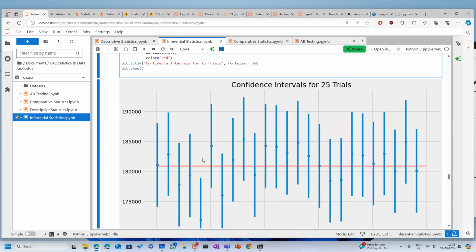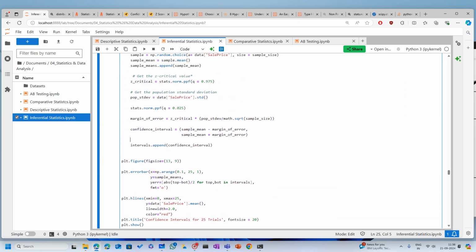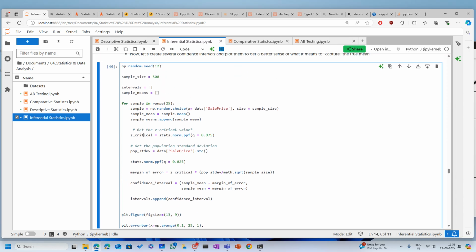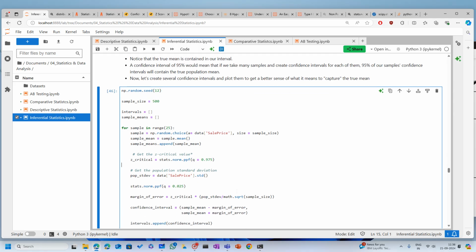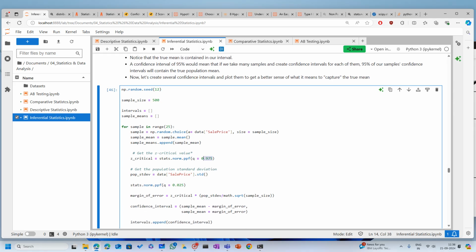So that is how you get z critical. For z critical, we are not using the third quartile, right? Because it is 97.5, we are not using any fourth quartile here. What we are trying to calculate is how many of those values lie within the 97.5 confidence interval.